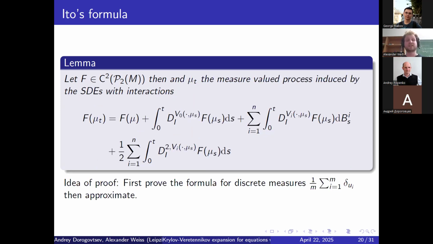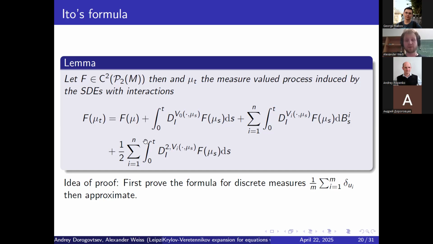And this is also exactly how we prove the Ito formula for our functionals. So we look at these smooth functions and at the measure valued process mu t induced by the SDEs with interaction.